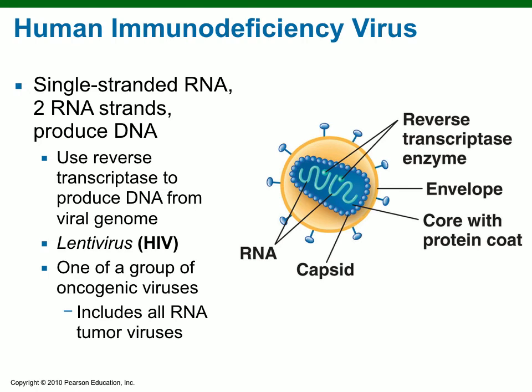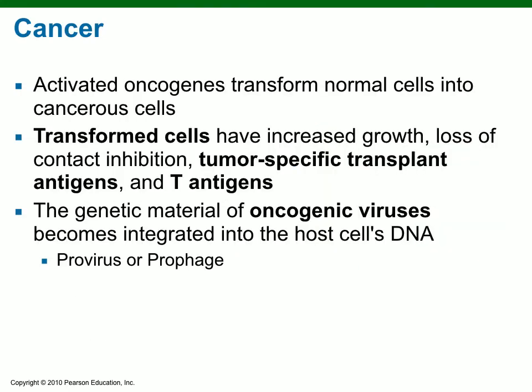And like other viruses that have this integrase enzyme and can be incorporated into the host genome, sometimes these viruses cause cancer. And so they're referred to as oncogenic viruses. When these genes are put into the host genome, they can cause cells to transform into cancer cells. And so this happens with viruses that form a prophage or provirus.